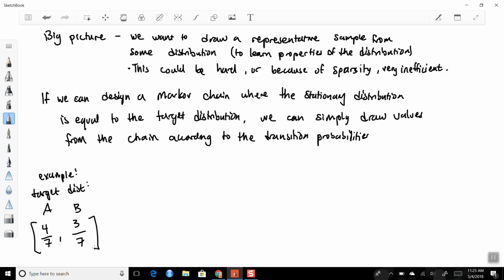Let's say for whatever reason we're not able to draw from this directly. Like a random number device produces digits 0 through 9 or something.